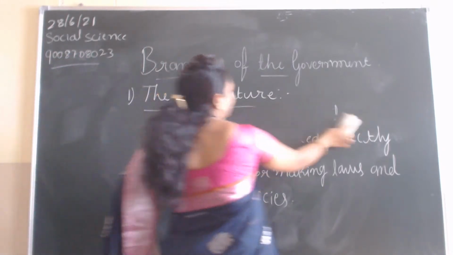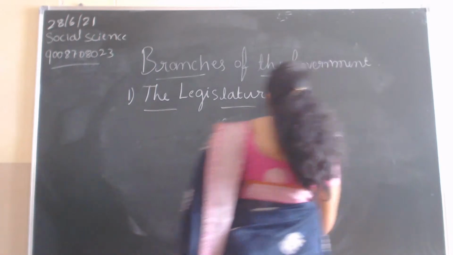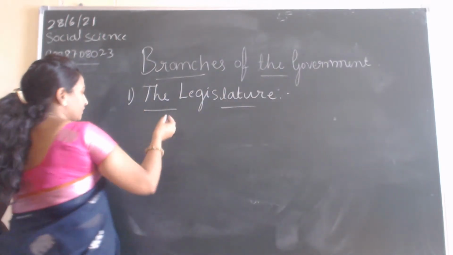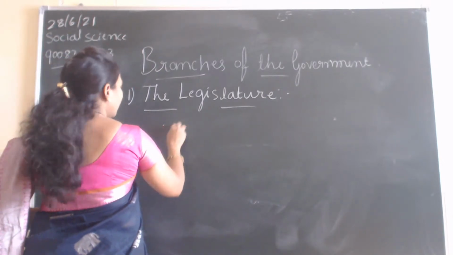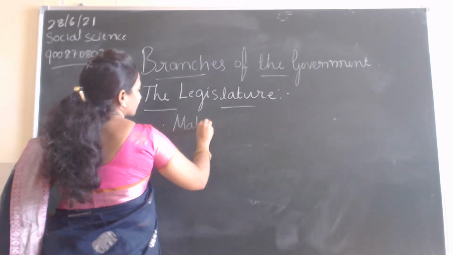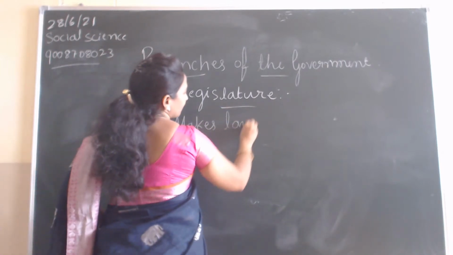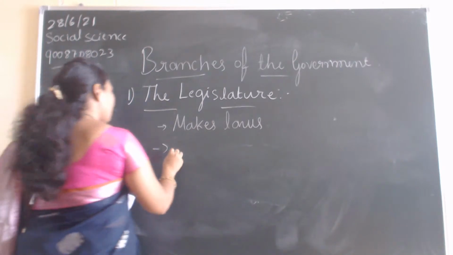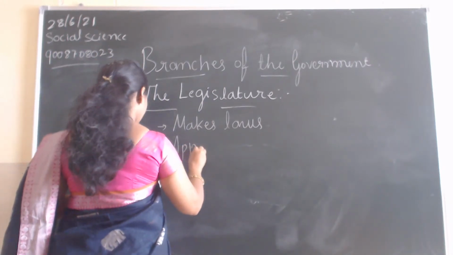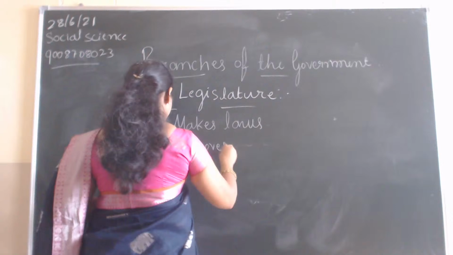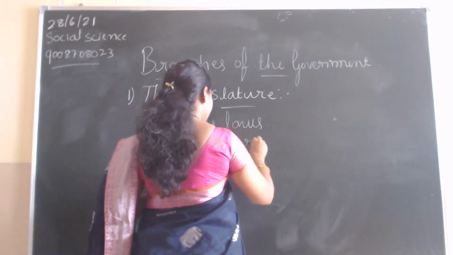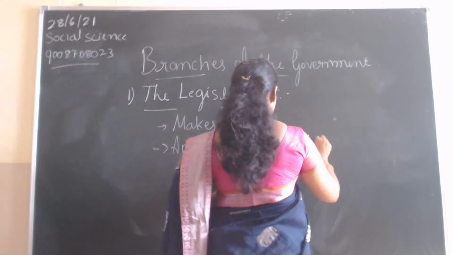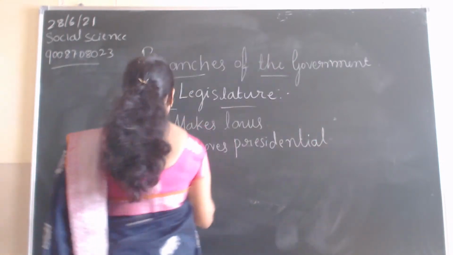Under this, which points will come? Just for short knowledge, you can take them directly. First one, makes laws. Second, approves the presidential appointments.